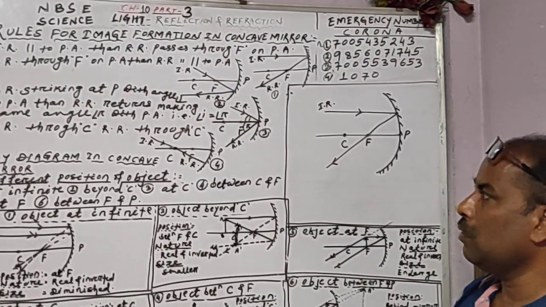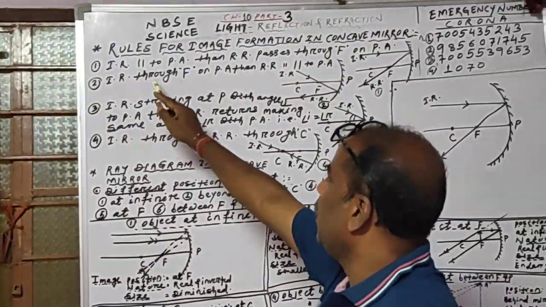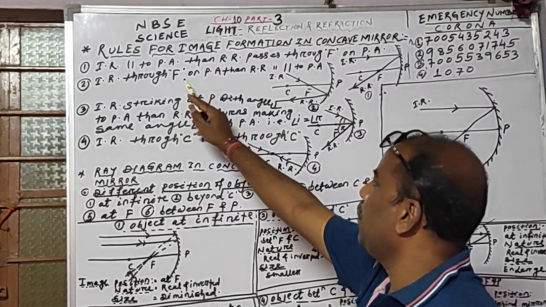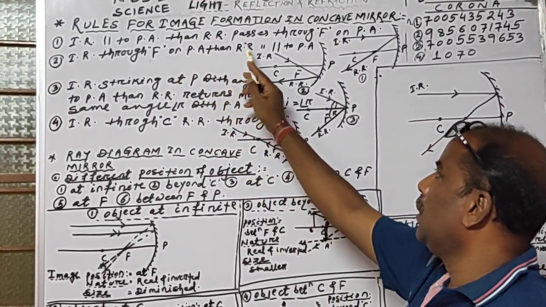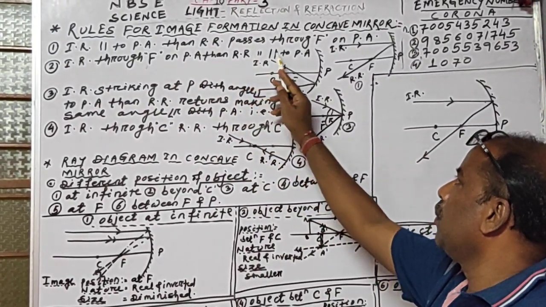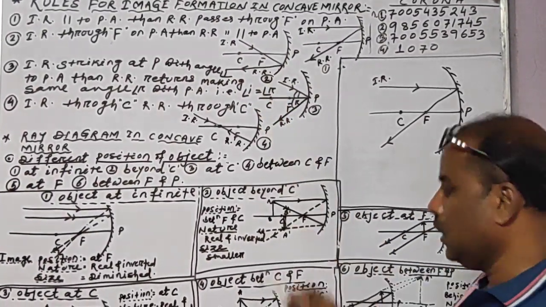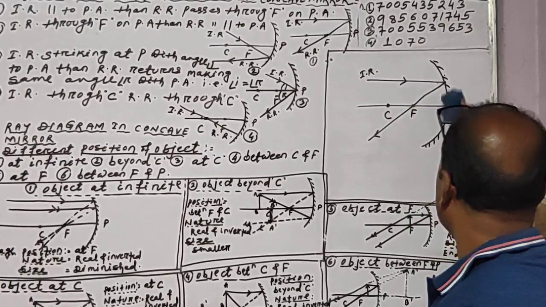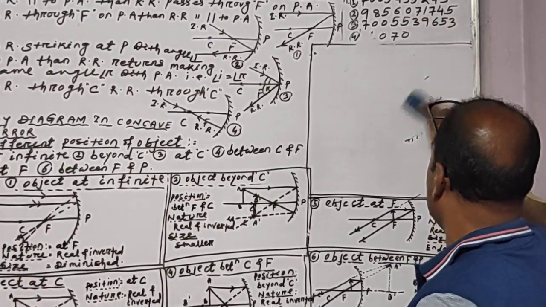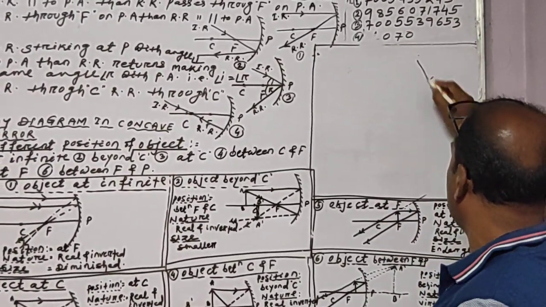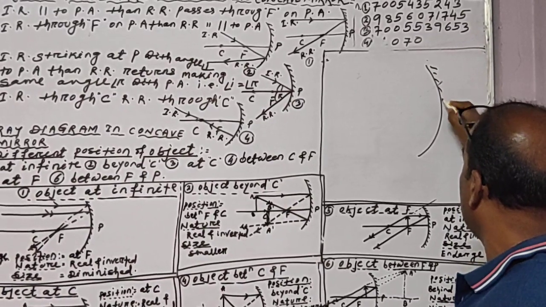Okay. Second rule: when an incident ray passes through the focus on the principal axis, then the reflected ray returns back parallel to the principal axis. Once again, let me give the demo. So this is a concave mirror.